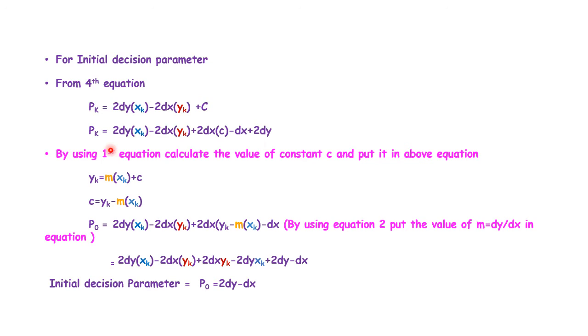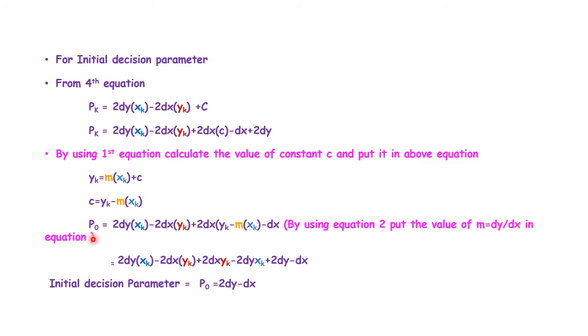Now by using the line equation, that is equation number 1, calculate the value of constant c and put it in the above equation. The line equation is yk is equal to m into bracket xk plus c. So c becomes c is equal to yk minus m into bracket xk. Put this value in this equation.